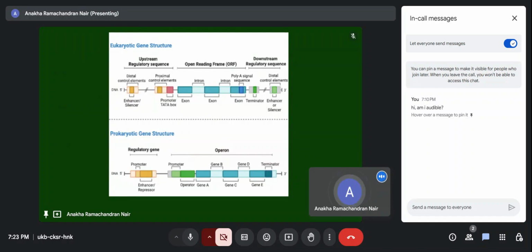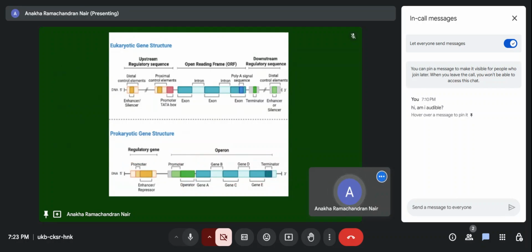This is the regulatory gene, and this is the operon, where you have the promoter, the operator, the different genes, terminator, etc. Not all prokaryotic genes need to be in the operon form, but this example has shown you an operon-containing prokaryotic gene.